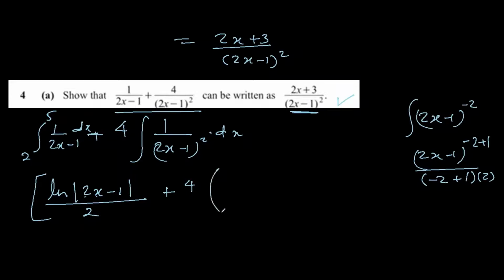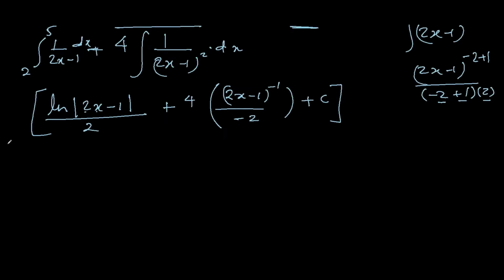So let's write it here. 2x minus 1 to the power minus 2 plus 1 is minus 1, divided by minus 2 plus 1 is minus 1, and minus 1 times 2 is minus 2, plus c. Let's simplify it further.